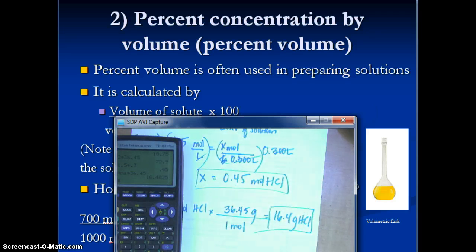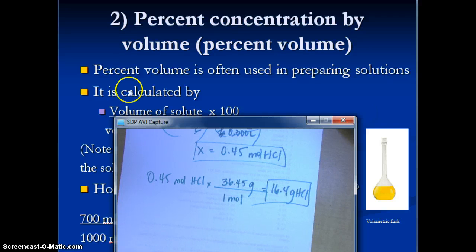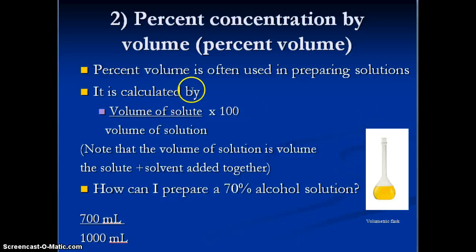So 70% is kind of the magic number. And so percent volume is often used to prepare solutions, and is calculated by the volume of solute divided by the volume of solution. And because it's a percent, it's times 100. So note that the volume of solution is both the volume of the solute added to the solvent, those two together.